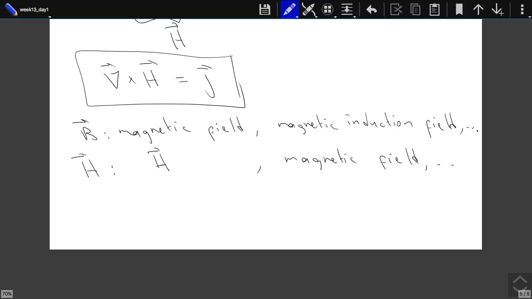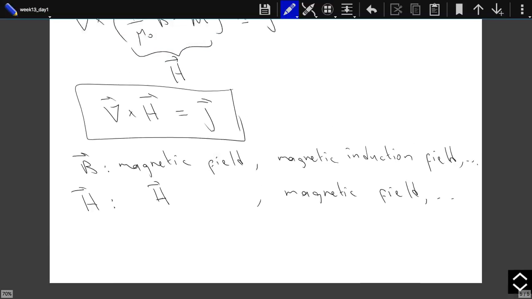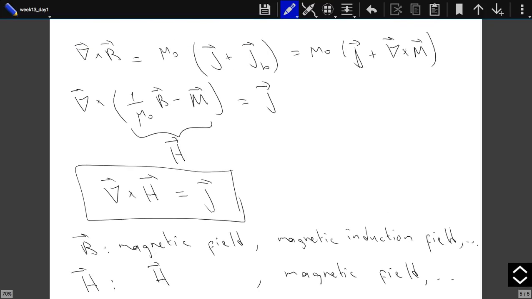Basically, you control the current, and the current that you control controls H. So in practical terms, you are controlling the electric field and you are controlling the H field, not the B field. This distinction will be important when we define some susceptibilities, etc.